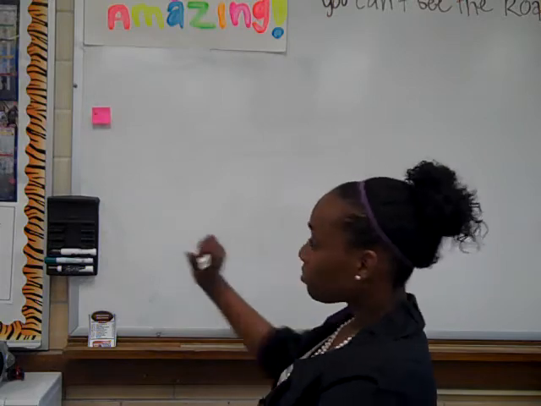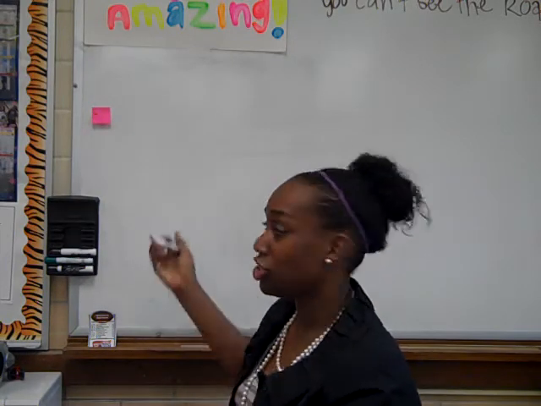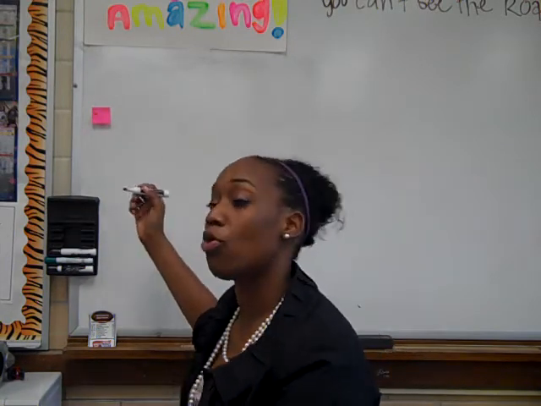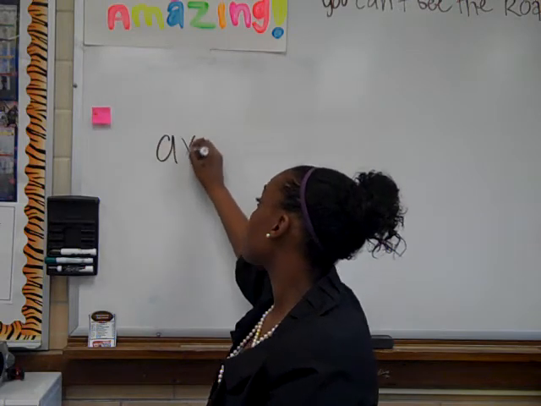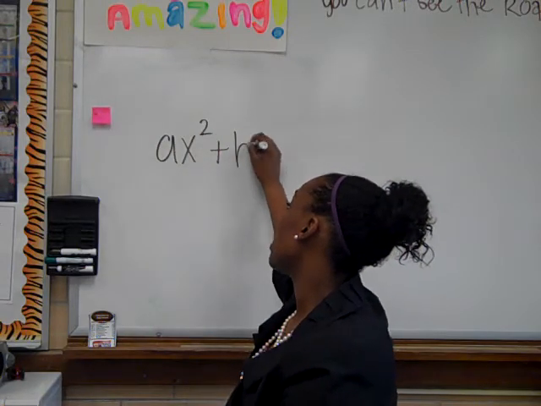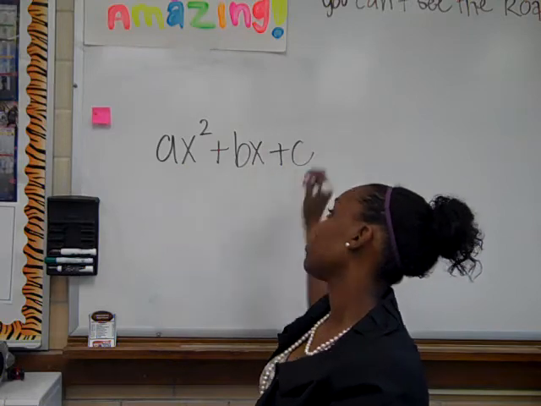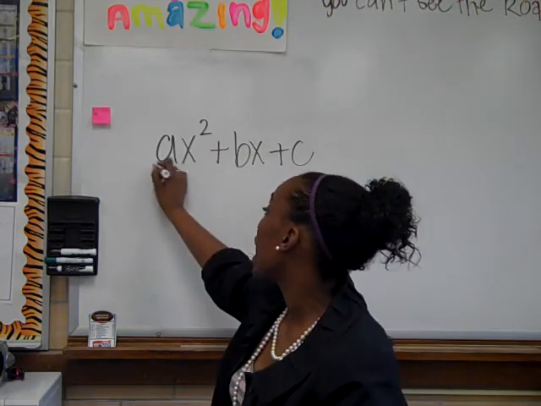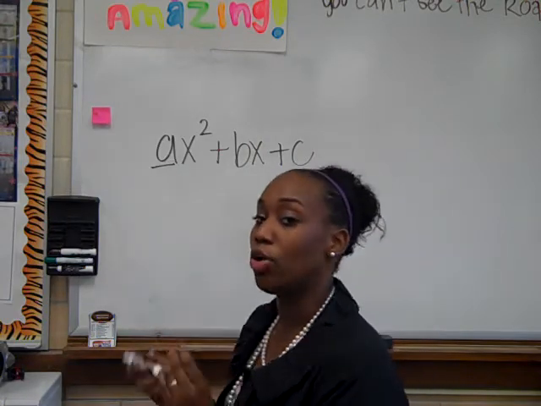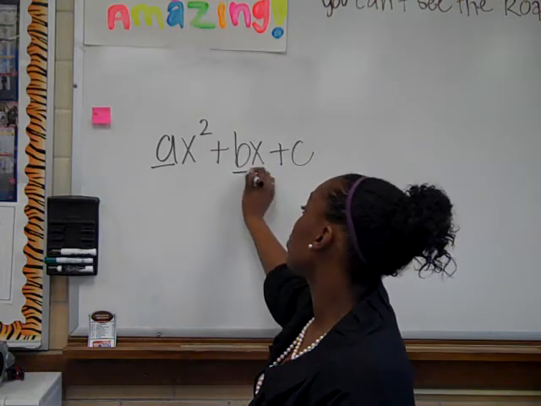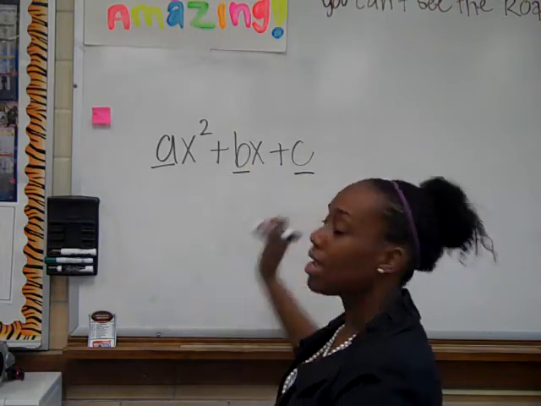So here we are. You should remember that a quadratic equation has something called standard form, which is ax squared plus bx plus c, where a is the coefficient called the leading coefficient, b is the coefficient of the linear term, and c is our constant.